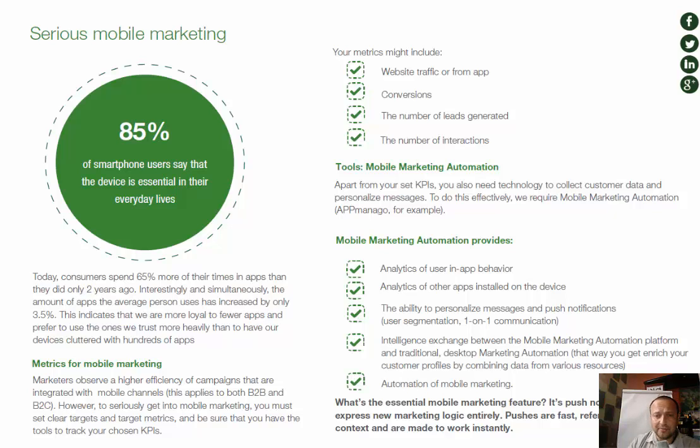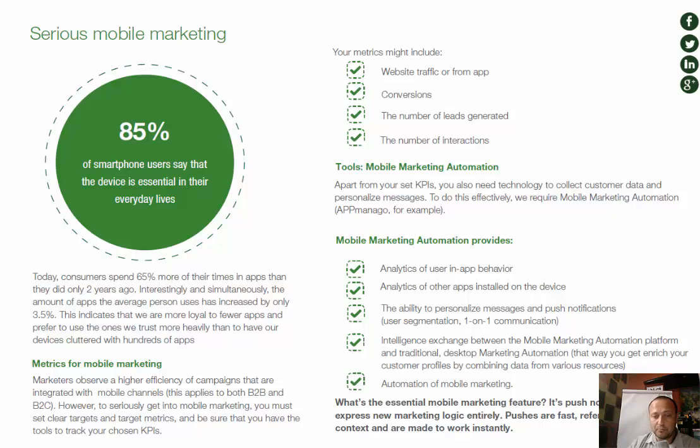The mobile marketing automation provides analytics of user in-app behavior, analytics of other apps installed on the device, the ability to personalize messages and push notifications, like user segmentation, one-to-one communication, intelligence exchange between the mobile advertising, the mobile marketing automation platform, and traditional desktop marketing automation. That way you get and reach your customer profiles by combining data from various resources.